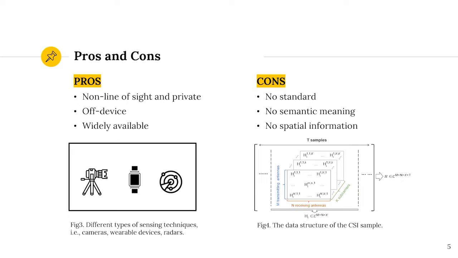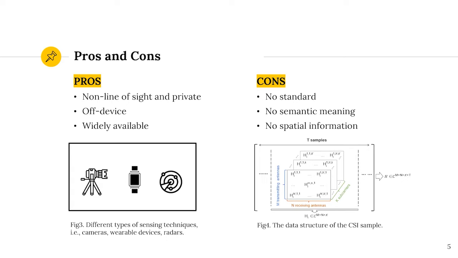There are different devices and settings for CSI data collection. Due to the lack of standards, different public datasets have different data formats that highly affect the objective evaluation of Wi-Fi-based sensing methods. And there is no semantic meaning in a CSI sample.